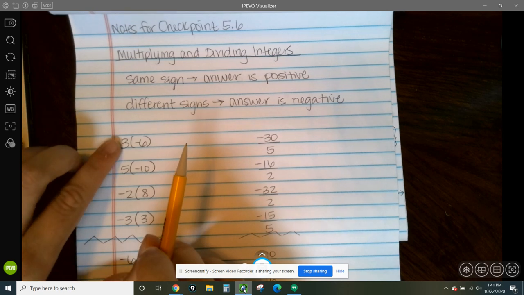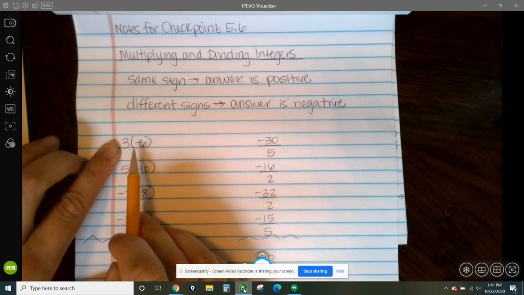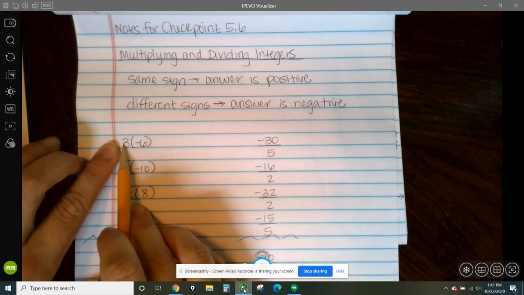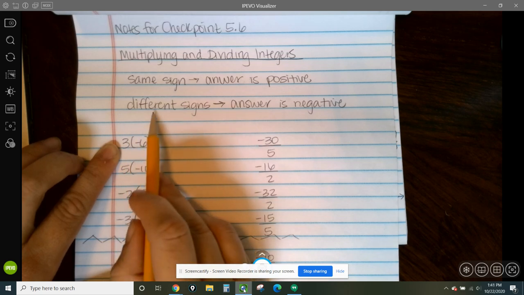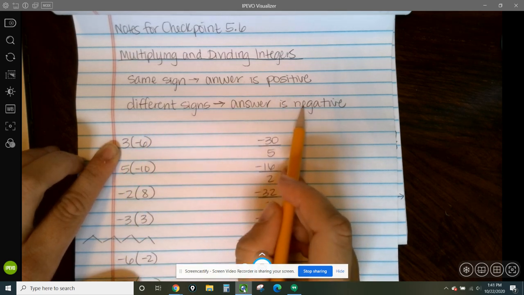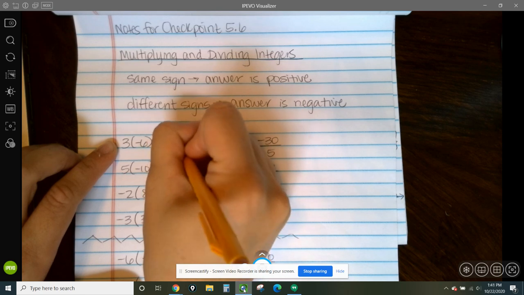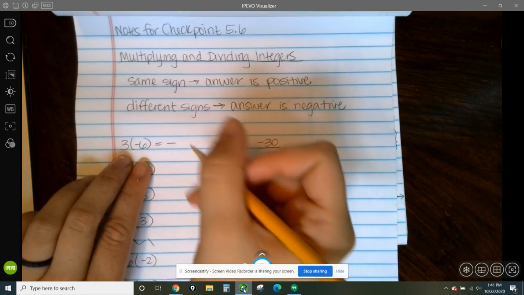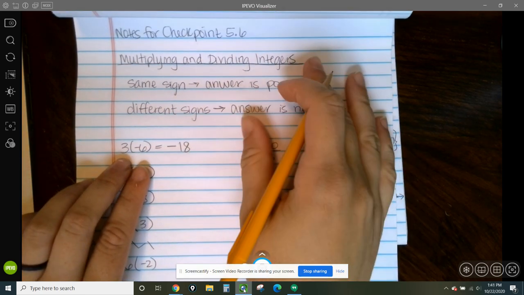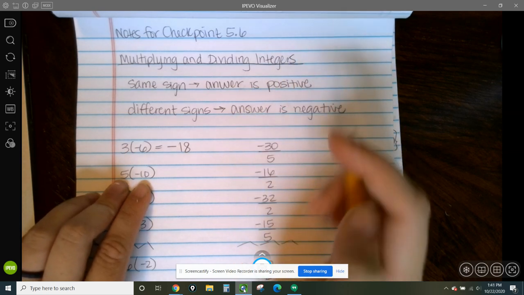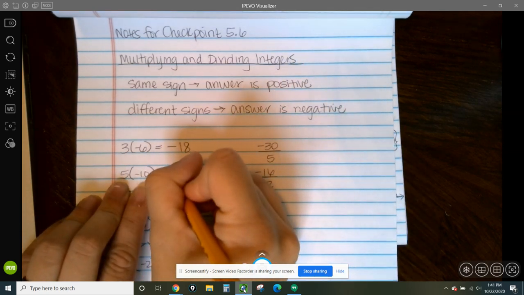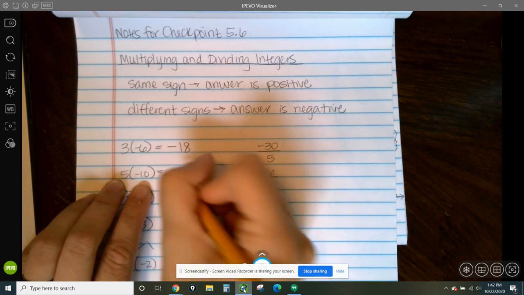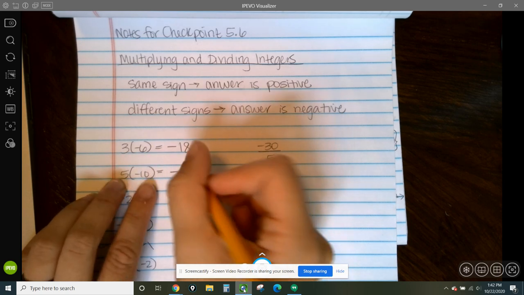Okay, so here's some examples. Let's start with multiplying. 3 times negative 6. These have different signs. This one's positive and this one's negative. So different signs, my answer is going to be negative. Now I just do 3 times 6, which is 18. So my answer is negative 18. 5 times negative 10. They have different signs, so my answer is negative, and 5 times 10 is 50.